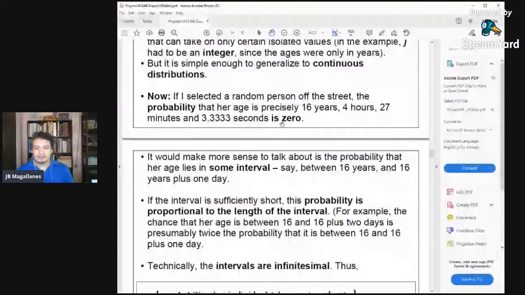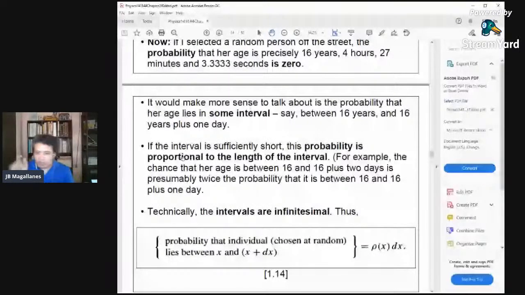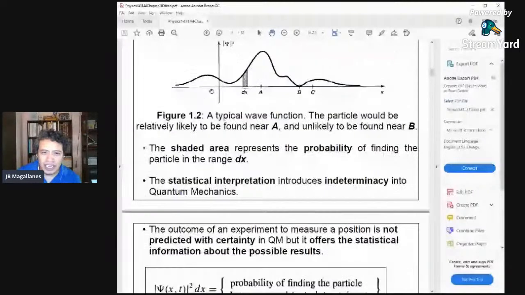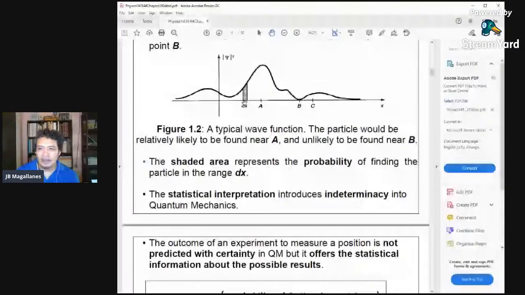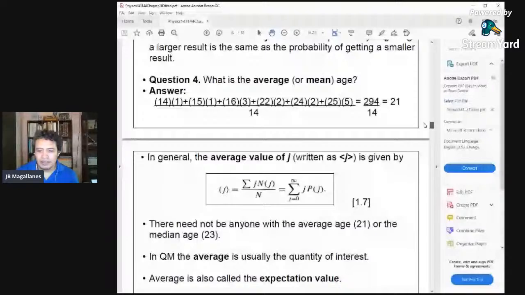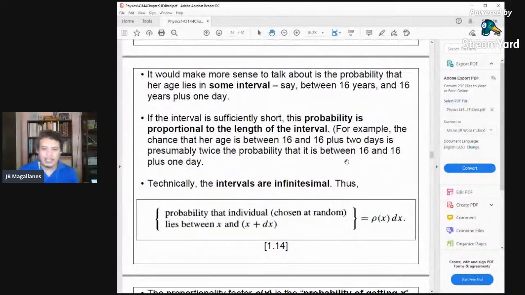So if the interval is sufficiently short, the dx in this particular plot, if that is very short, then the probability of finding is also very small.